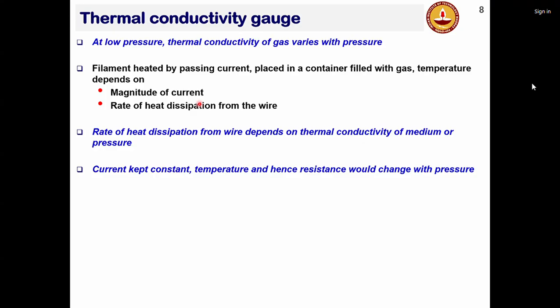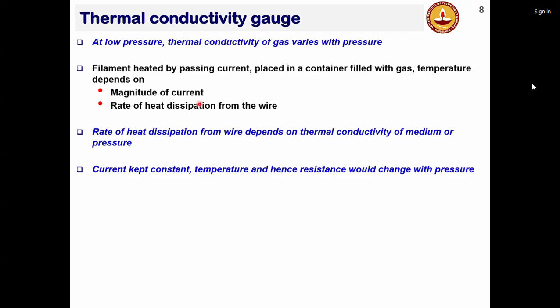When you pass current through the filament in a container filled with gas, there is I squared R heating, resistive heating. The temperature of the wire would depend on the current because the resistance is fixed. Also, it would depend on the rate at which heat leaves the filament surface.